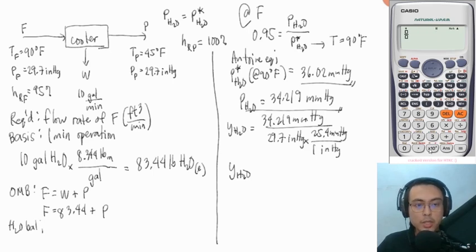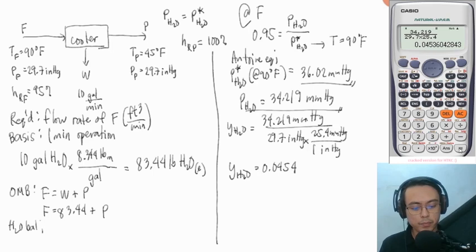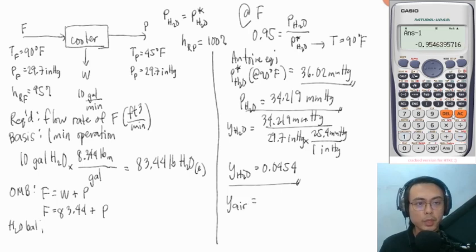So this is 34.219 over 29.7 times 25.4. That is 0.0454. And if you want to get the mole fraction of air, you simply subtract that from 1. 0.9546. Okay, so these are the mole fractions of water and air in the feed.